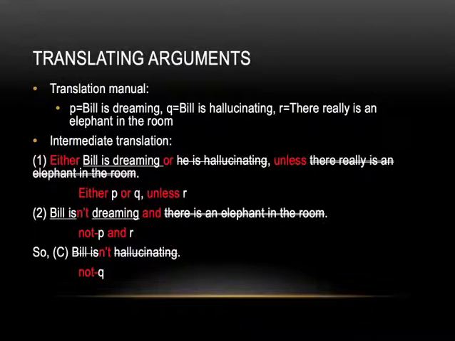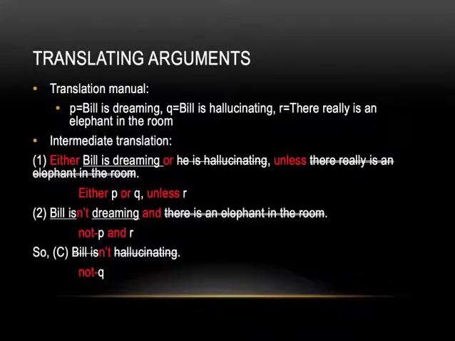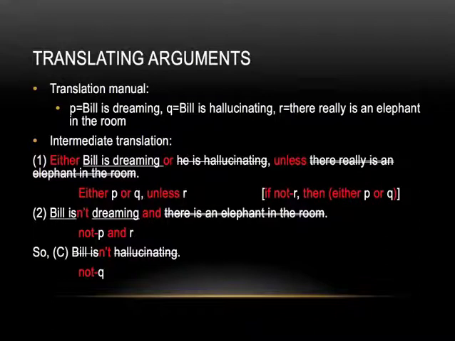We also want to transform non-canonical logic words like unless into their more canonical forms. Recall from our discussion of page 21, sentences of the form A unless B are treated as equivalent to the sentence if not B, then A. Applying that to our target sentence 1, we get the following transformation. If not R, then either P or Q. The disjunction is part of the consequent of the conditional.